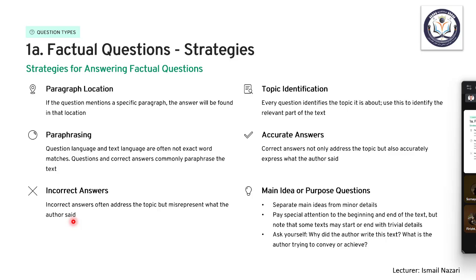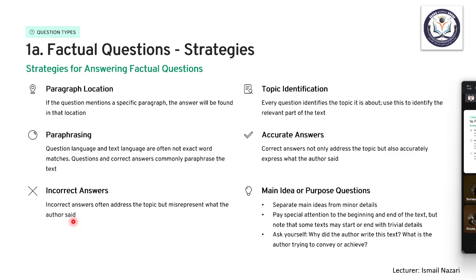And the next strategy is finding out the difference between the main idea and the purpose question. Because when we discuss main idea, it's completely something different. When we say purpose, it refers to the reason something is stated, the reason a specific detail is mentioned in a text.